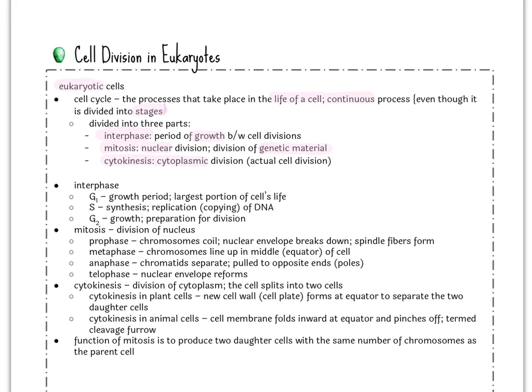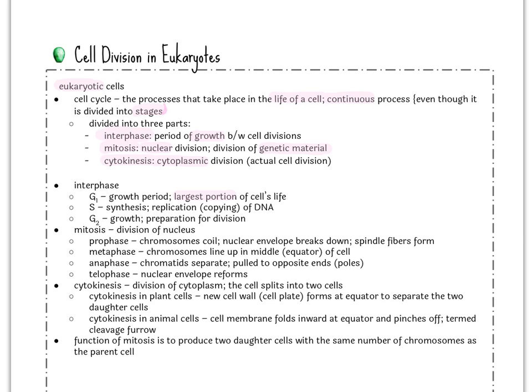So we'll go a bit more in depth into the 3 stages in the cell cycle. The first one is interphase. Interphase is divided into 3 stages itself. The first stage is called G1. G is for growth. And this is the largest portion of the cell's life.